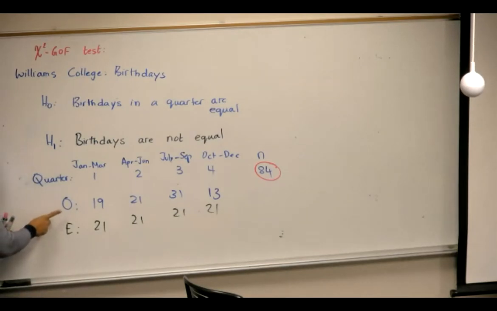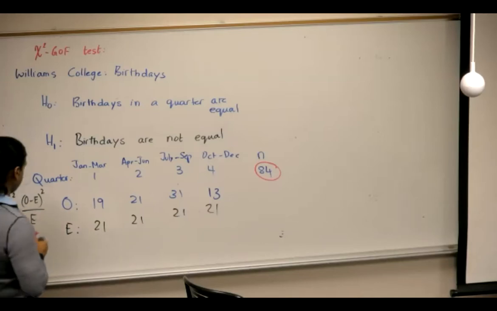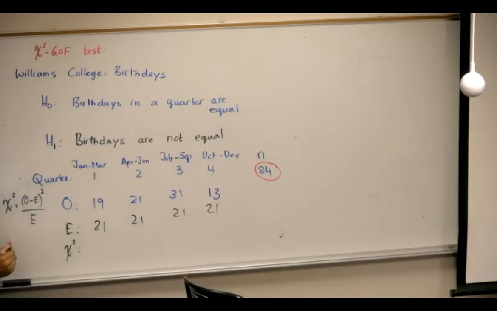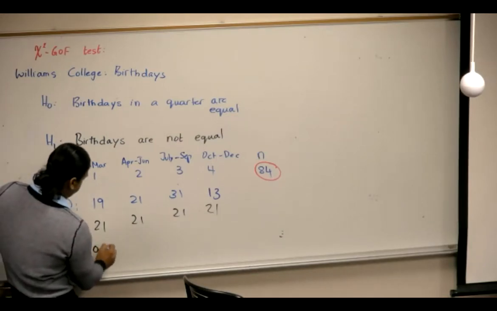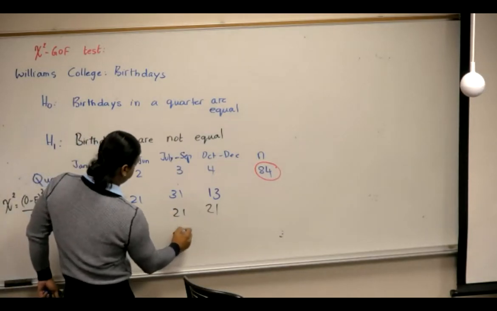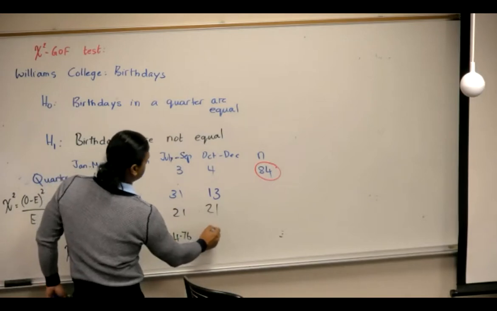So we have the observed values, we have the expected values. The formula for chi-squared is (O minus E) squared divided by E. What are the individual chi-squareds? 0.19, 0, 4.76, and 3.05.